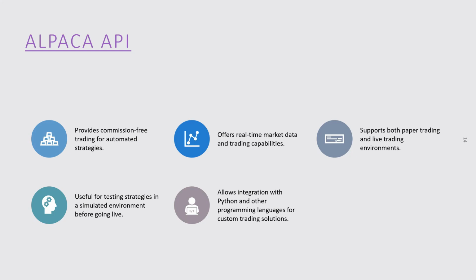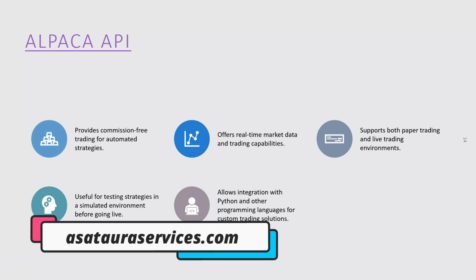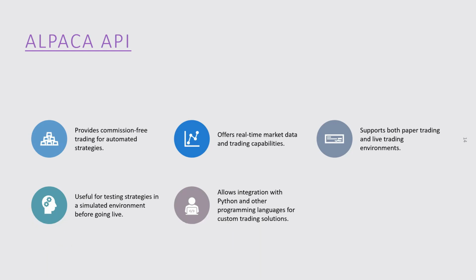Okay, so we're going to use it. There are lots of APIs out there, but most of them require a premium subscription. You need to be paying monthly, or you have to have a very huge account balance to be able to use their API. The reason is that they know if you use algorithmic trading, if you are able to build your bots and automate your strategies, you are increasing your chances of winning, and that is not something they are looking forward to.